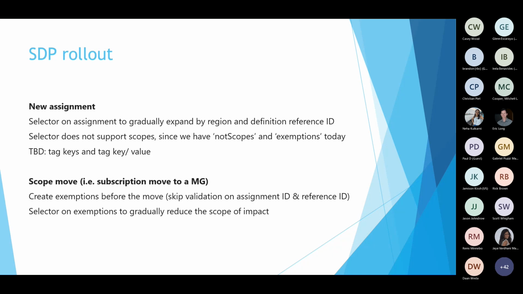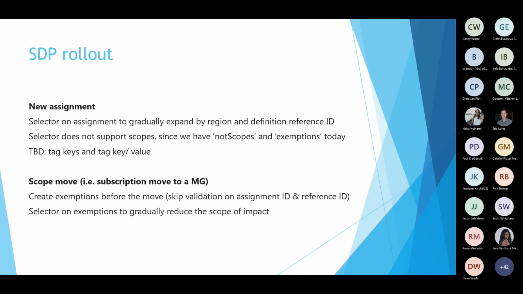And the catch-22 there is that normally we would have said just exempt those, but you can't actually create an exemption until the assignment is at the parent scope already. And so we are currently considering introducing a property on the exemption that will allow you to opt out of the validations that we do today on whether the assignment ID and the reference ID exists at the scope or above of where you're trying to create the exemption.